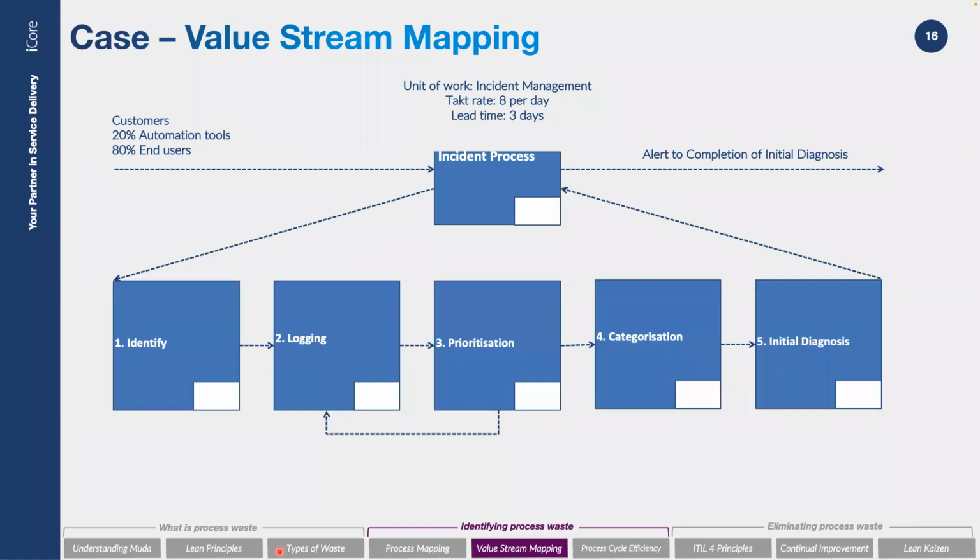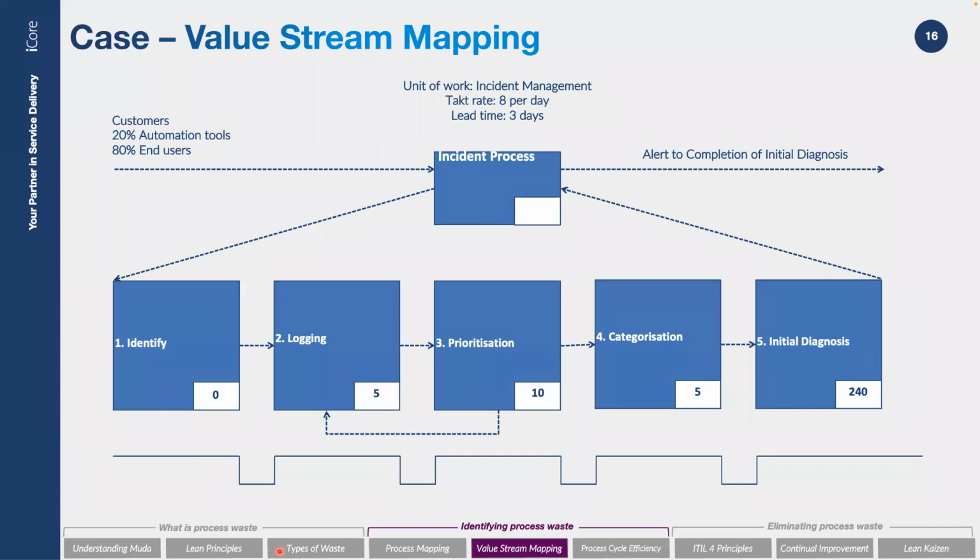So we've mapped the process out. And here we've got identify, logging, prioritization, categorization, and initial diagnosis. We get our measuring tools in place, so we draw those out. And now we're going to have a look at defining how much time it takes. Identify should take hardly any time at all if it's automated.